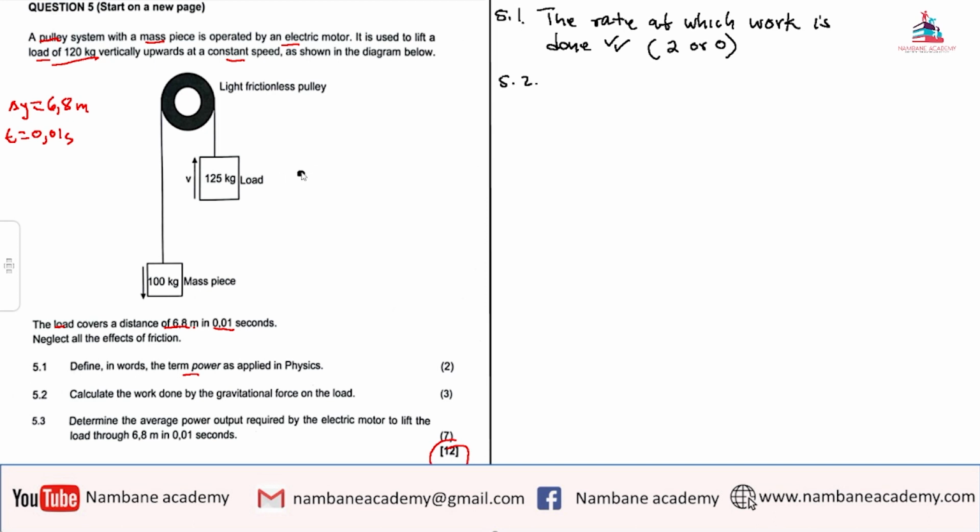When I look at the load, I'm going to have this force here, which will be the force of tension, or maybe we can call it the force due to the mass piece. And then we are going to have this force also, which is Fw, which is just equal to mg. So the examiner is direct to say the work done by the gravitational force.